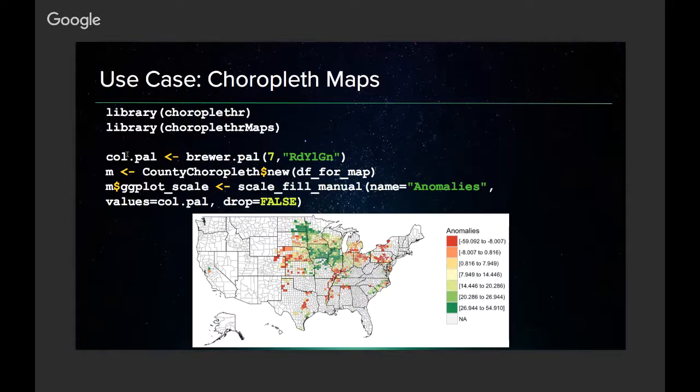If you're using other data sets that are not in this package, you would have to do this by hand. But this makes it easy to just say there's a function in there called county choropleth, and it knows that this is going to be popped into the county boundaries, which is just kind of cool.